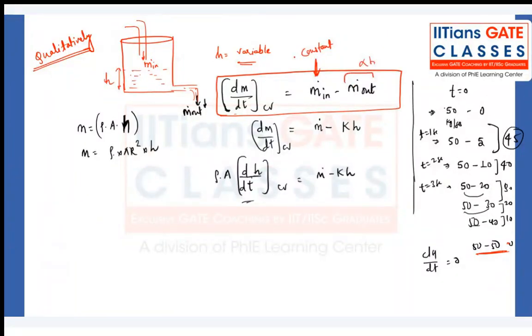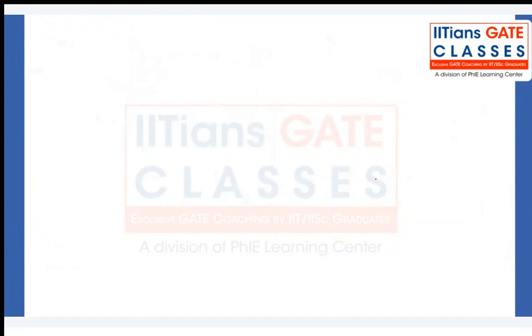So as we keep on supplying, the discharge will happen, the height will increase, then it will decrease, and after a certain point of time it will become constant, steady state, right? Whatever we have seen is qualitative, we have analyzed qualitatively. Now let's see the quantitative side, what we have to get from this question.